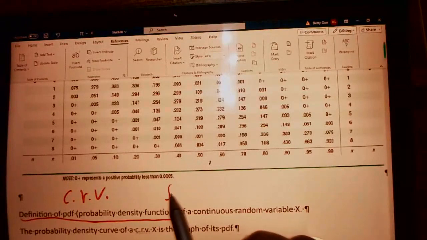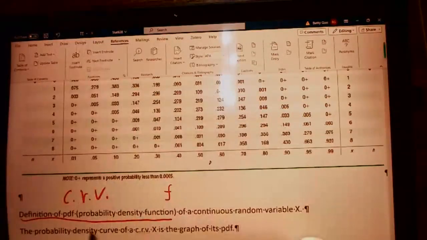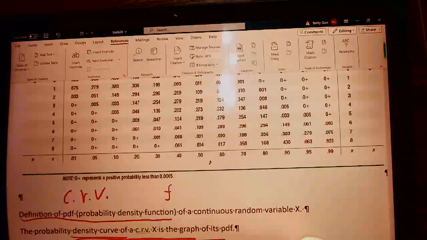We use a lowercase f. But we don't have to know that. The important thing is we need to know the density curve. The density curve of a continuous random variable is the graph of the density function. For us, the important thing to know about the density curve is to remember a few features about it. What are the features?